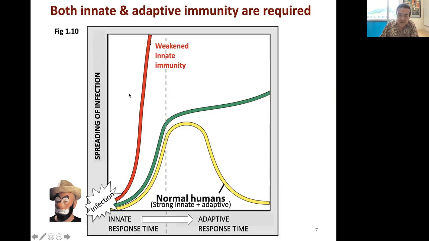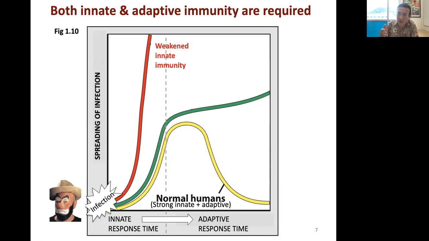But to the left of the dotted line, it's just the innate side that matters. If people have a weakened innate immune system, then they cannot do anything to help resist bad clown spreading, and bad clown levels take off very quickly.